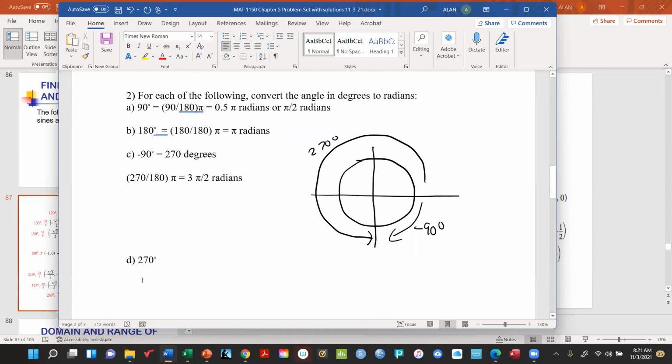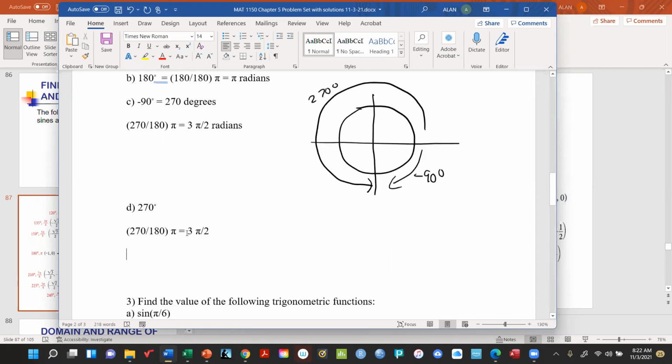So let's just go ahead and apply this technique. And in fact, you'll see that we've already determined, because we understand how these things work, that the answers to C and D have to be the same because they're the same angle. Okay, so in other words, negative 90 and positive 270 are coterminal, meaning they're the same angle, only one is positive and one is negative. So the answers to C and D have to be the same.